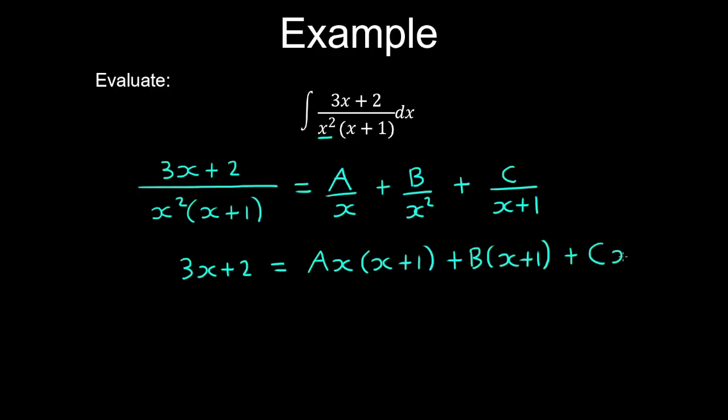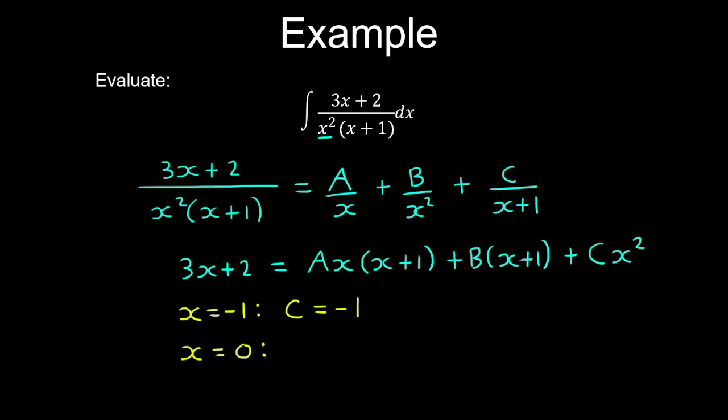plus cx squared. And now we can set x equal to minus 1. So that eliminates a and b. So what we get is c is equal to minus 1. And if we set x equal to 0, we eliminate a and c.